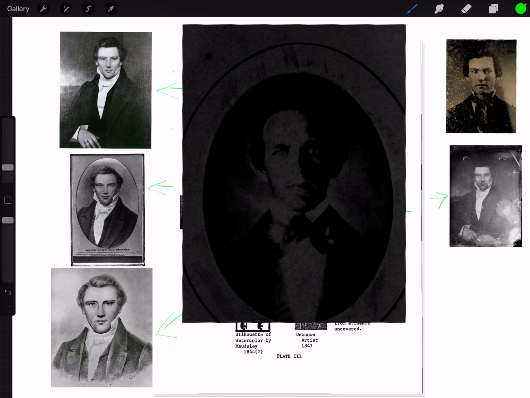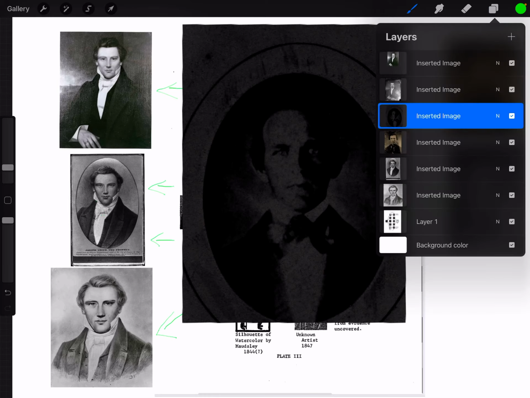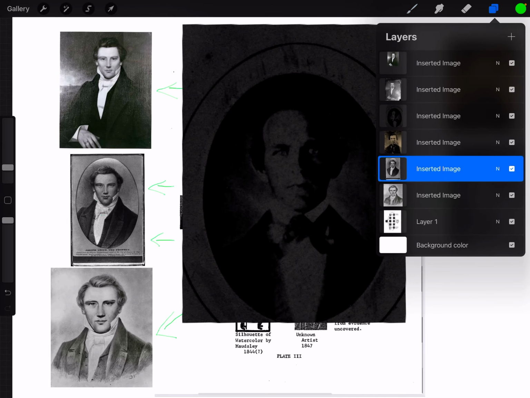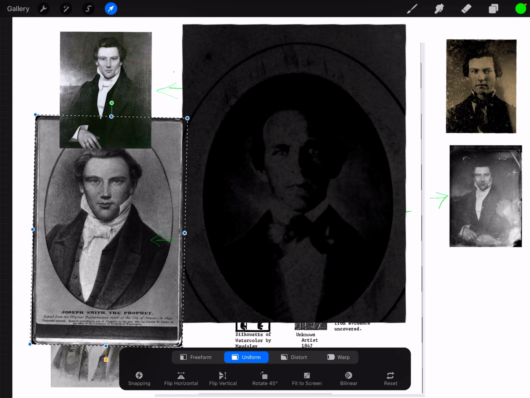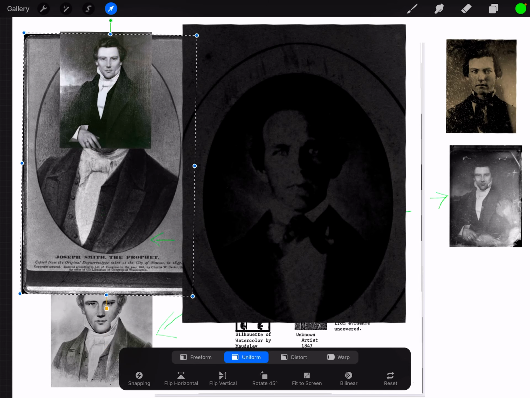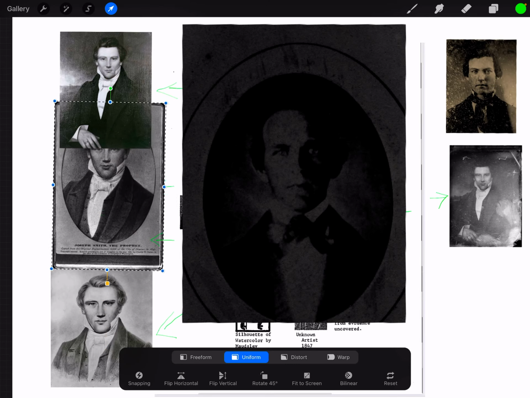It is possible that Carter wasn't a liar. Of course, I'm basically saying I think he is, but I don't know. I really can't say for sure if Carter did or didn't really see the daguerreotype of Joseph Smith, because he says he did. He says right here on the bottom, copied from the original daguerreotype, taken in 1843.